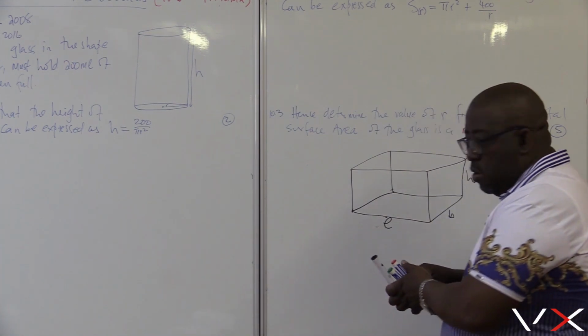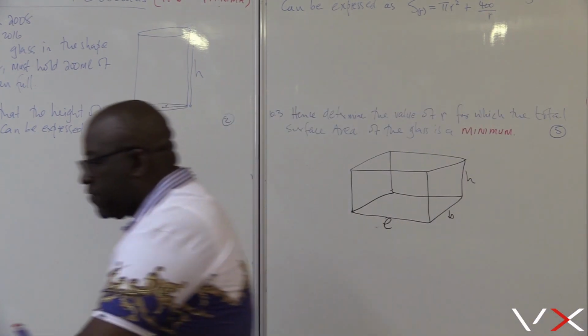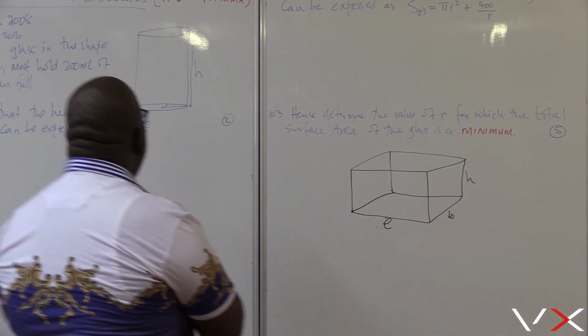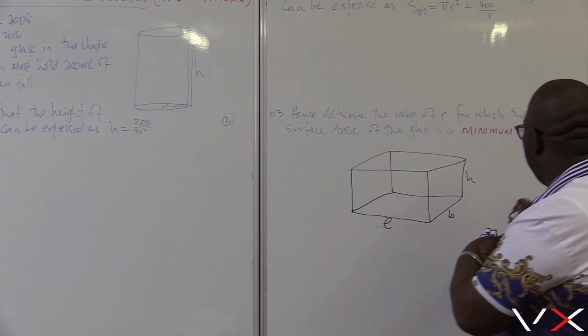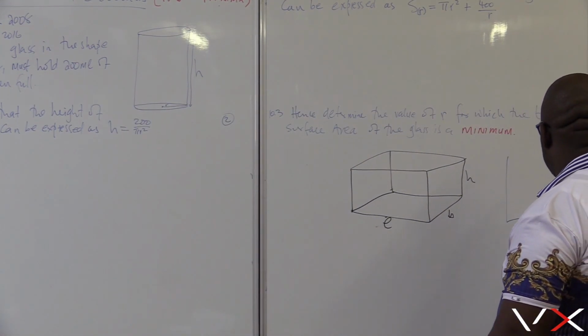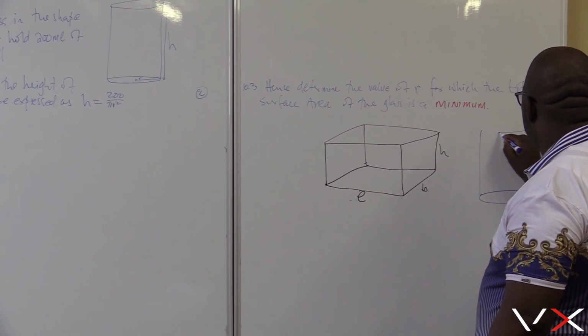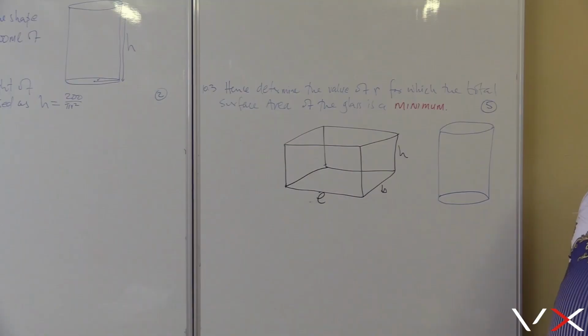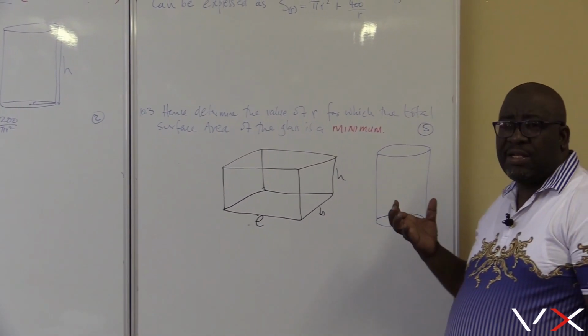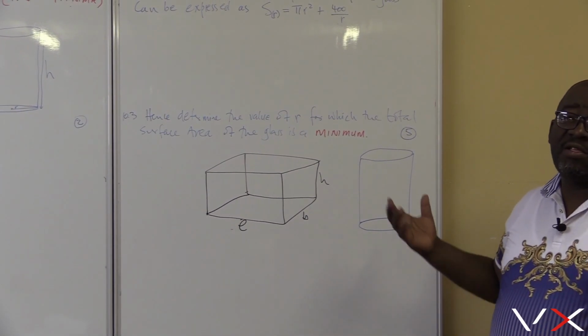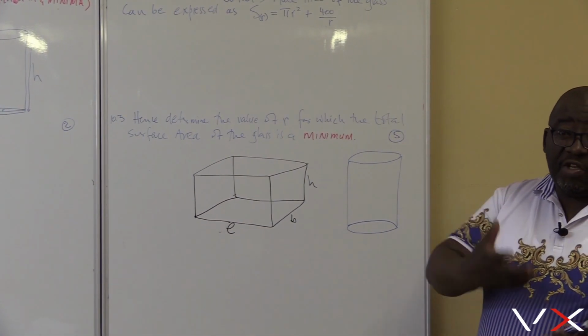If I have this figure, a cylinder, like the one that we'll be doing with you. Let me call this cylinder. I want us to look at this cylinder. It might be anything. Let's make use of a tin of fish.